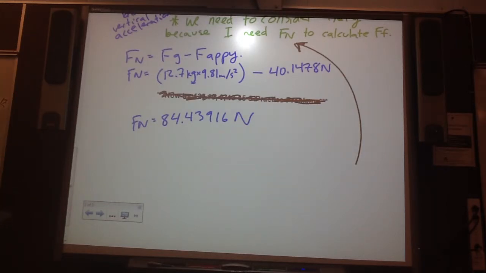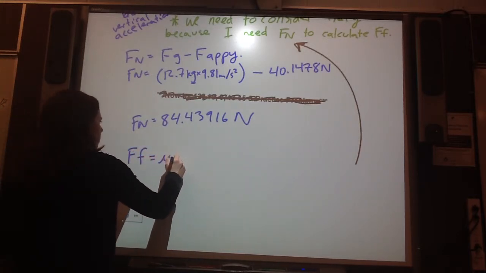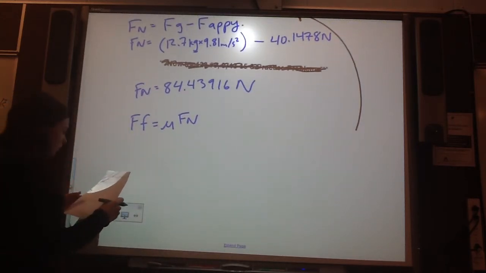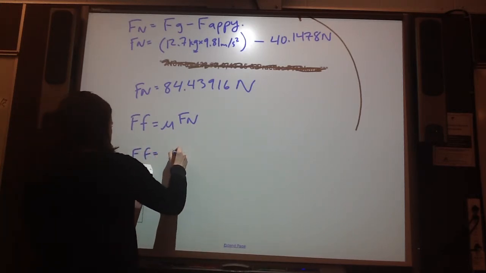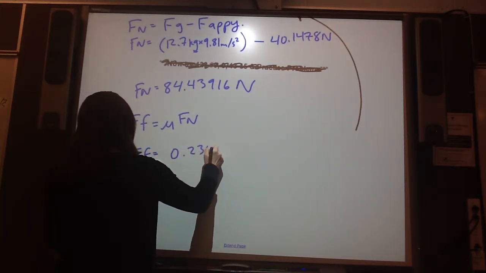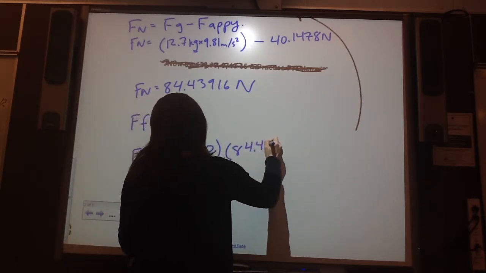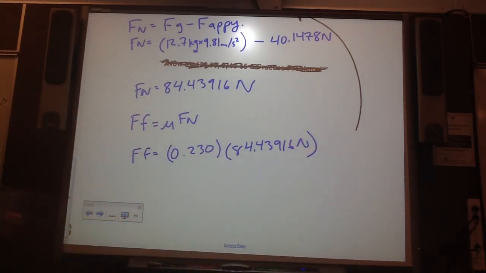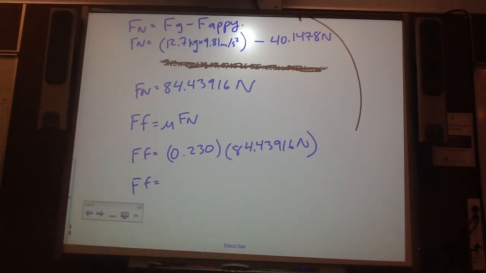Now I can find Ff, because I know that Ff is equal to mu Fn. So this is 0.230 times 84.43916 newtons. Okay, so our Ff then is what?